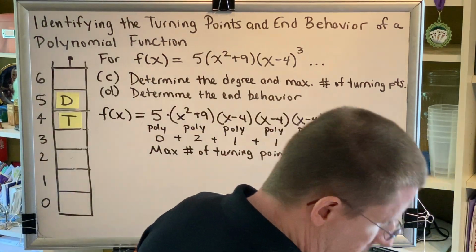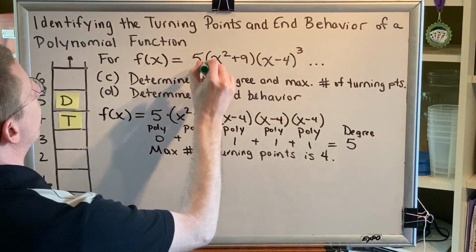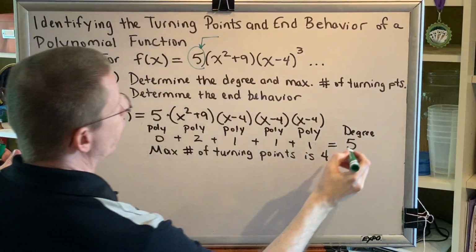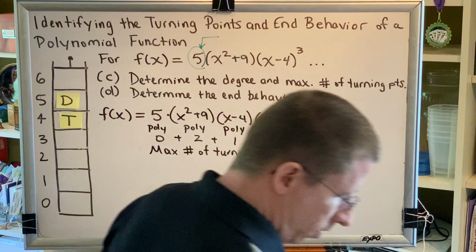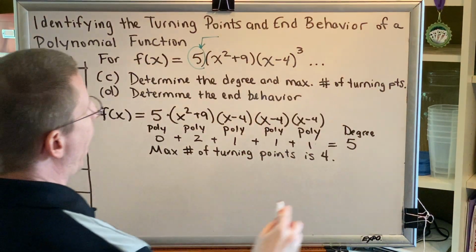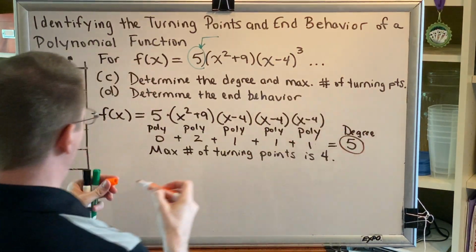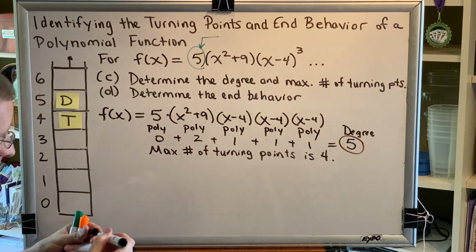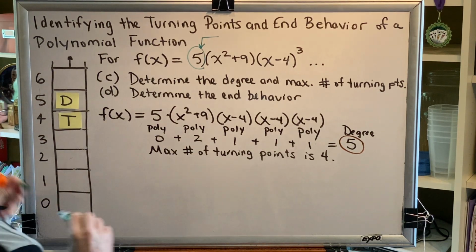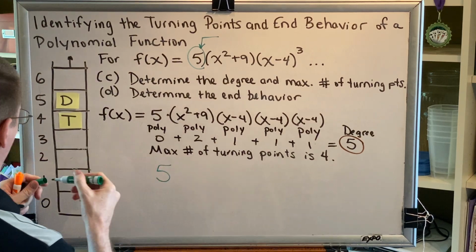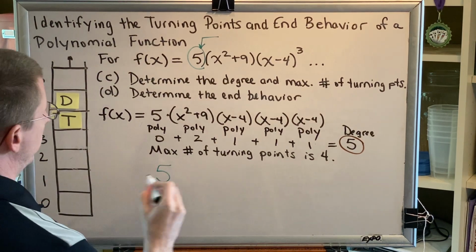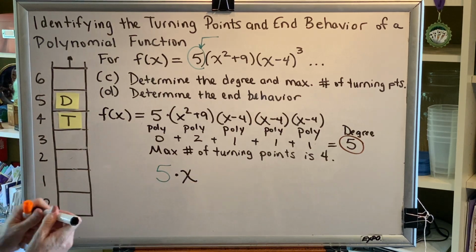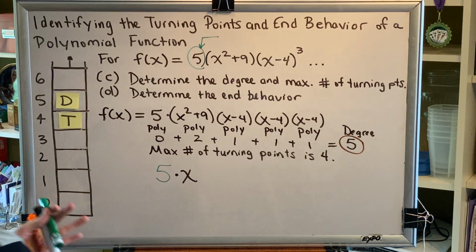Let's see if we can illustrate this visually. This is the leading coefficient, 5, and we know that the degree of the polynomial, by coincidence, also happens to be 5. Therefore, the leading term is going to be the coefficient of 5 multiplied by x raised to some power, and that power is going to be the degree of the polynomial.